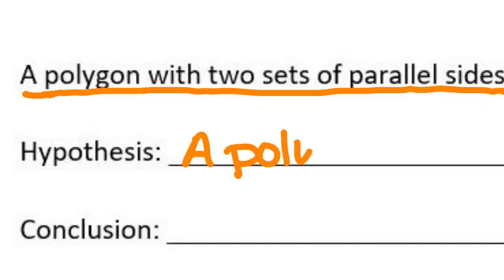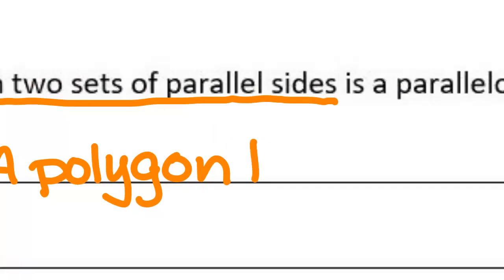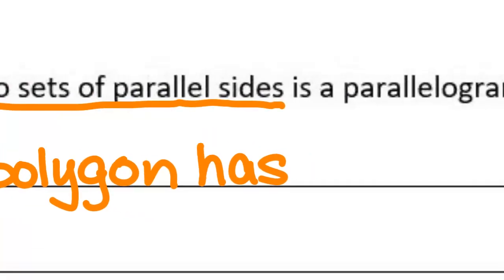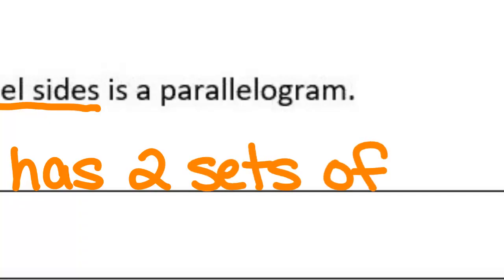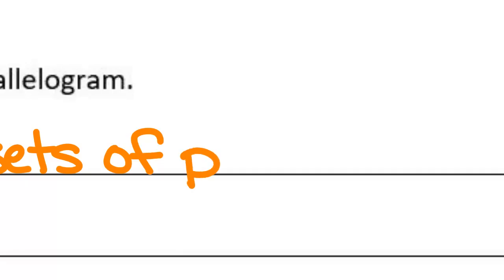A polygon has two sets of parallel sides.